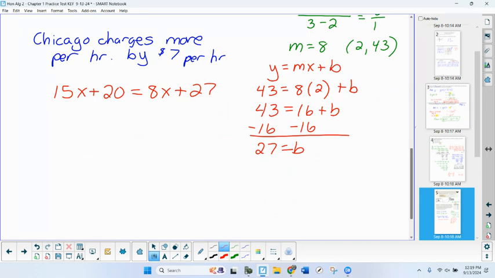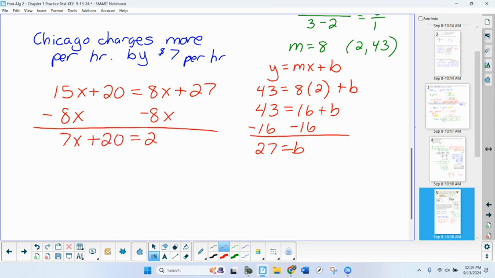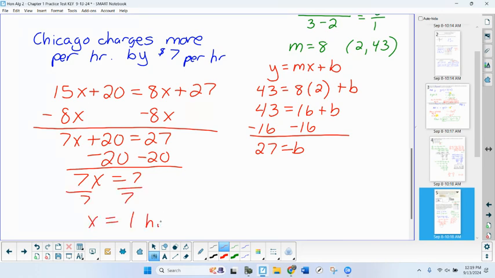What do you do now? Solve this, everybody. Subtract 8x. What do you get? 7x plus 20 equals 27. What do you do now? If you get a negative number, you have done something wrong. What do you get for x? So for 1 hour, when you stay for 1 hour, they are equal.